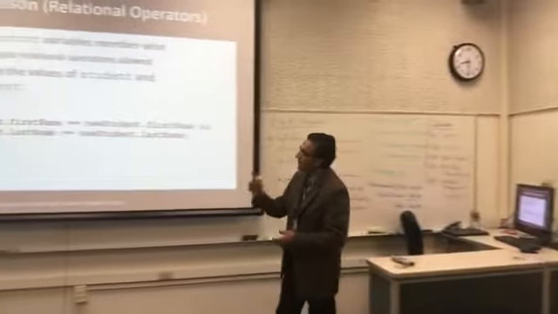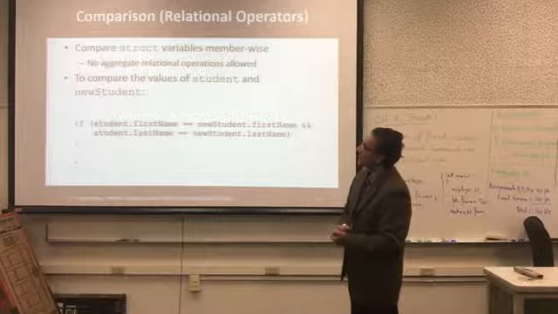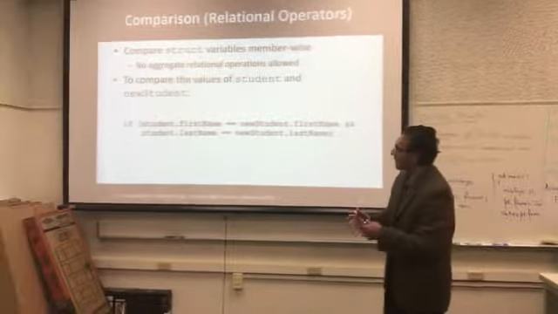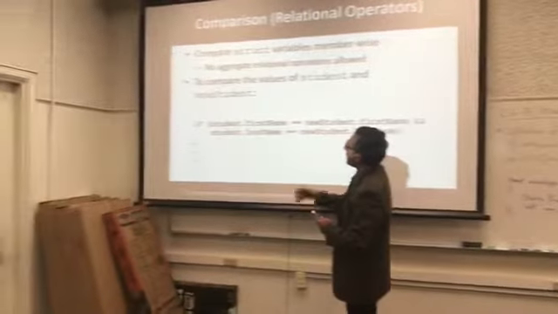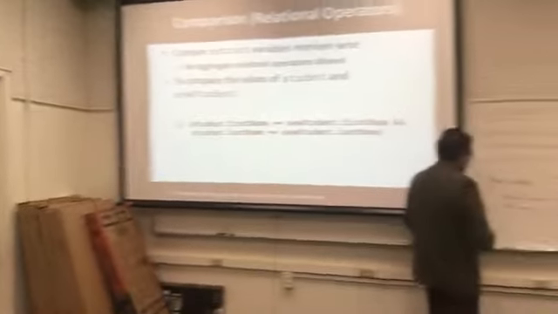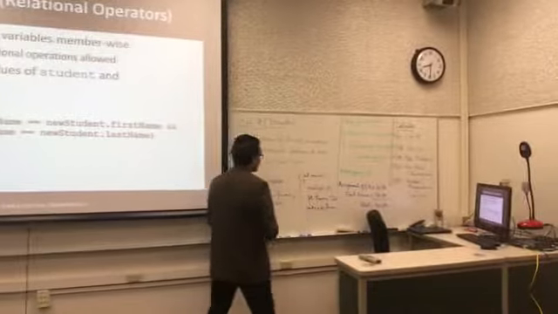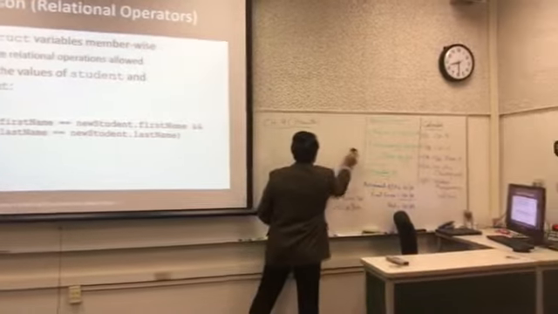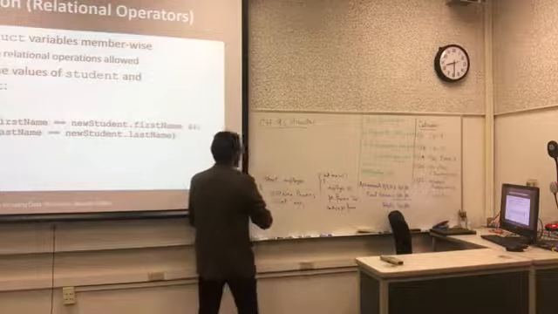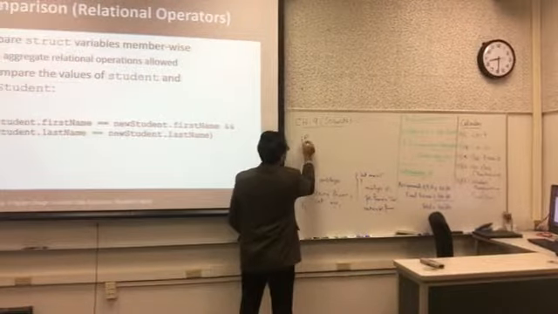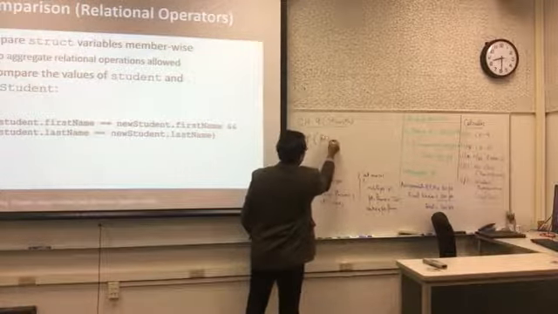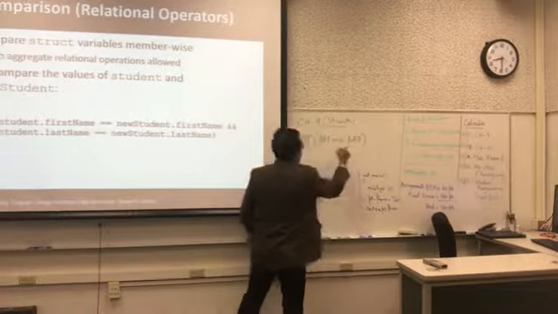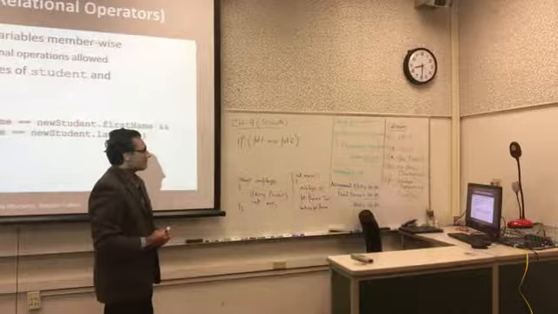However, your book says, your author says, variables cannot be compared like this. This is not feasible. So this is not okay. If I have if part-time 1 equals part-time 2, this doesn't make any sense.